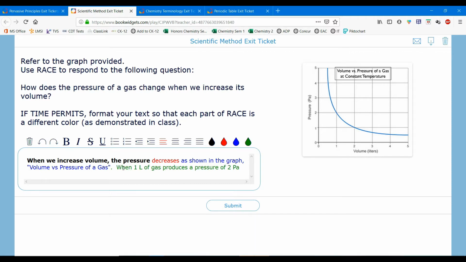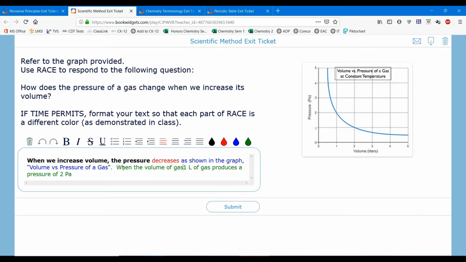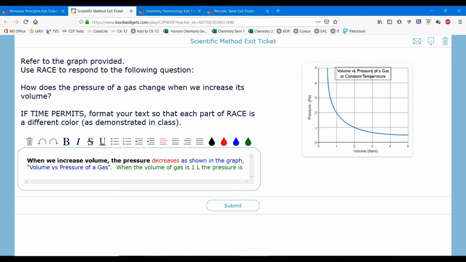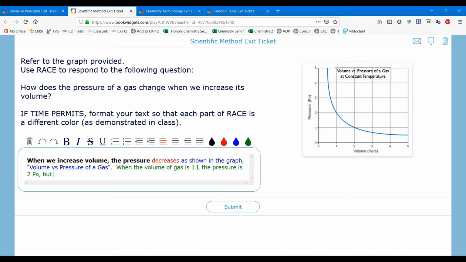How about: when the volume of gas is 1 liter, the pressure is 2 pascals. But when the volume is increased to 2 liters, the pressure is 1 pascal. So you don't have to repeat yourself and say it decreases.